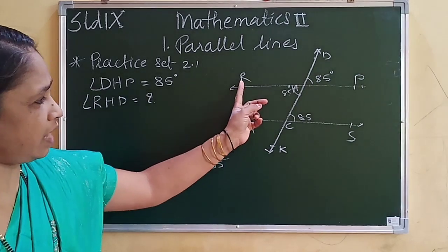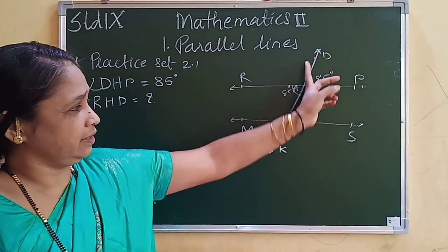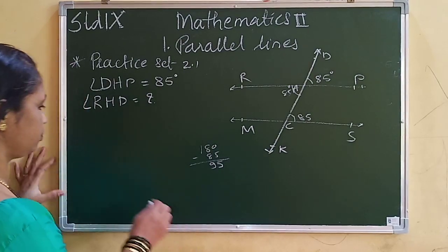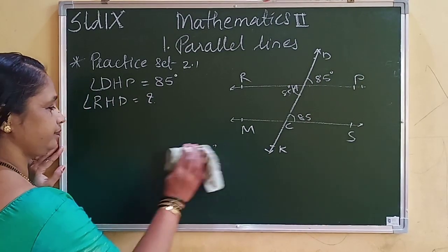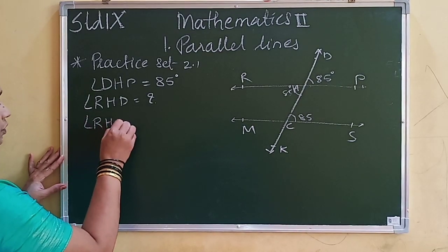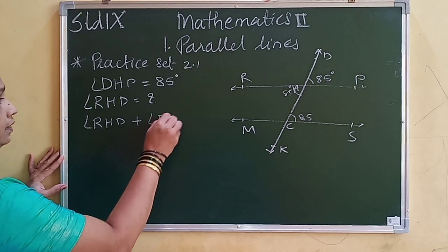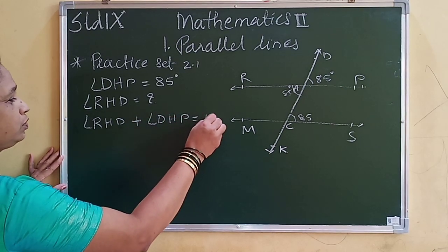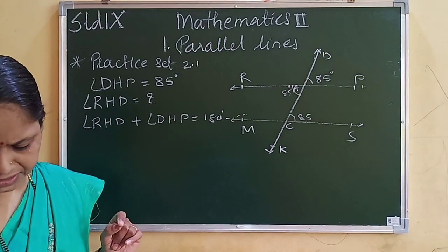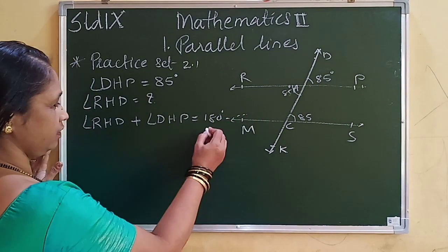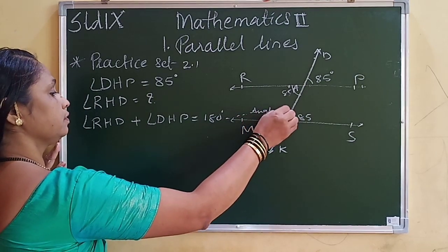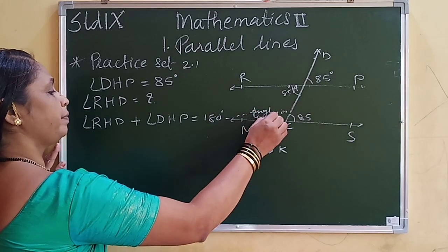Now we have learned RHD and DHP are angles in a linear pair. So what we will write, angle RHD plus angle DHP is equal to 180 degree. Reason: angles in a linear pair.